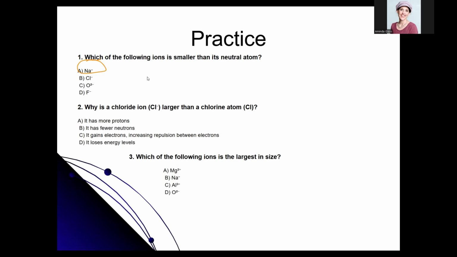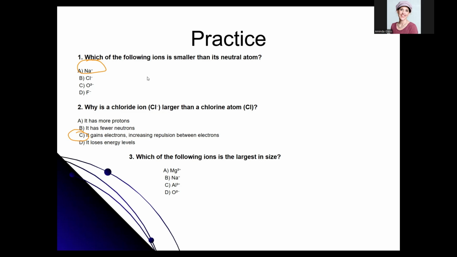So you'll have more protons than you have electrons, so those electrons are going to be held more tightly to the nucleus. Now, why is a chloride ion larger than a chlorine atom? What happens? It's C. It gains an electron, which increases the repulsion between those electrons.